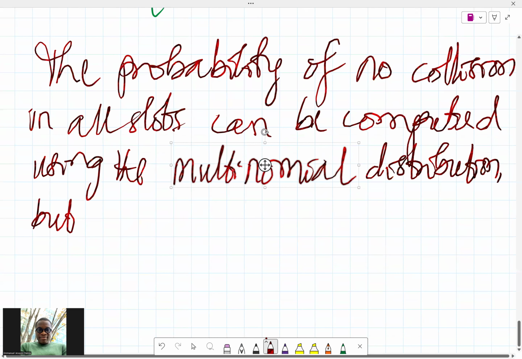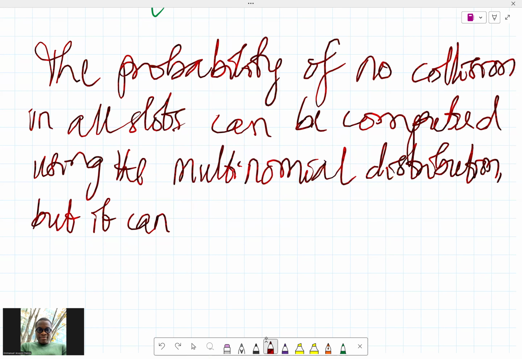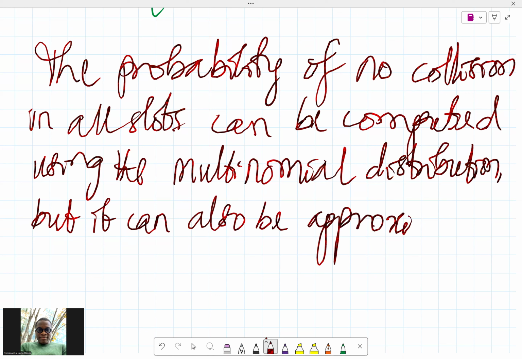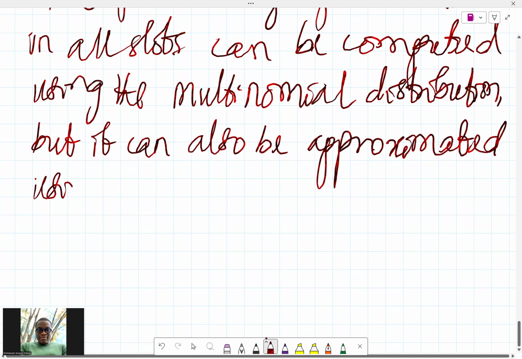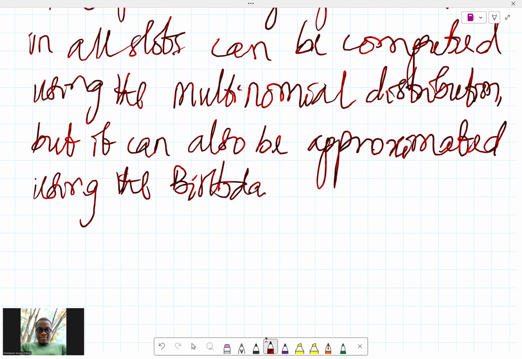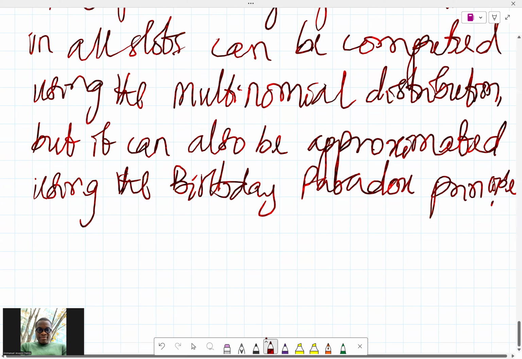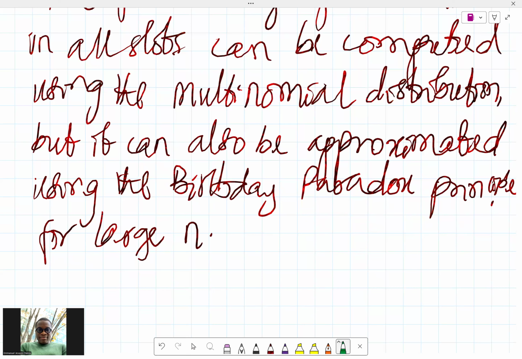but it can also be approximated using the birthday paradox principle for large n. So this is worthy of note.